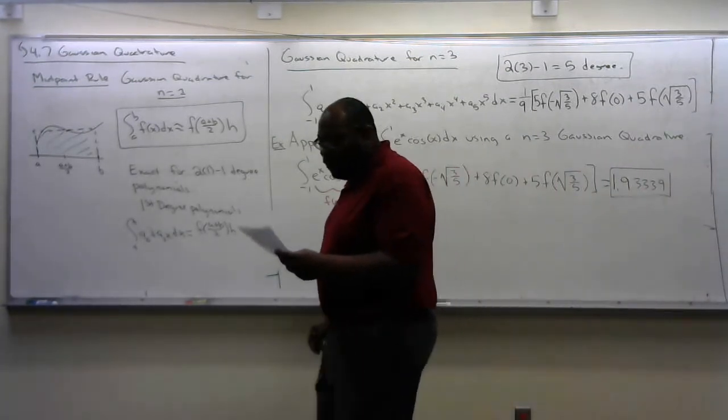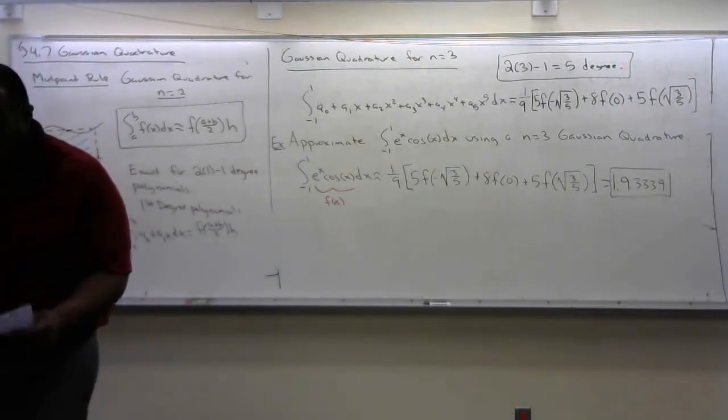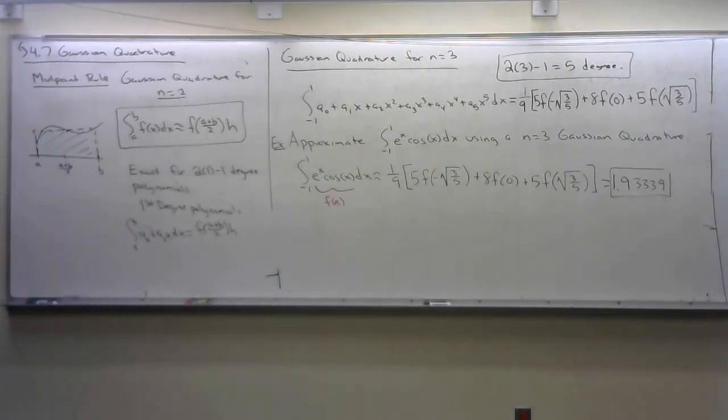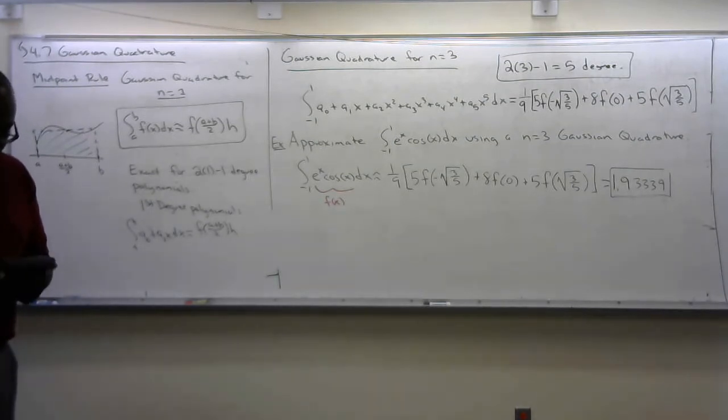Let's see what the actual value is. I'm going to look it up. I haven't typed it into my calculator. Let's find out what it is. Integrate e to the x times cosine of x, x goes from -1 to 1.